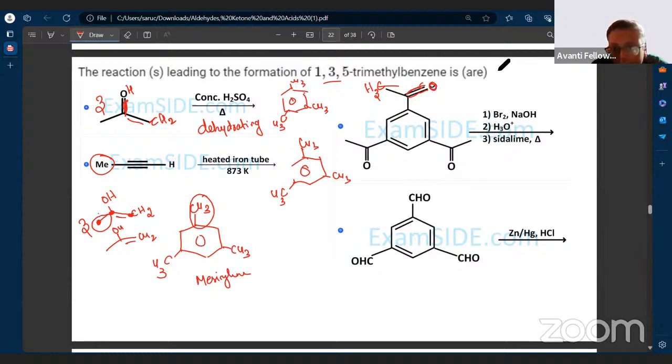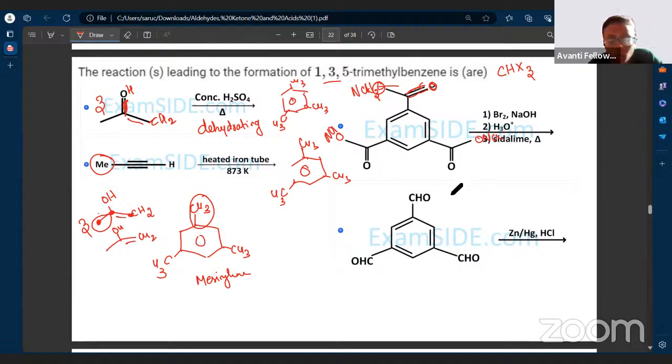What is haloform? CHX3 is haloform. The haloform will get precipitated, so CHX3 will get removed. So you'll be getting ONa in all the things over here.